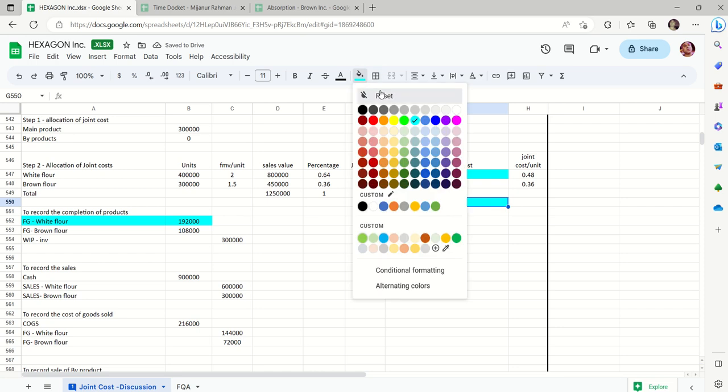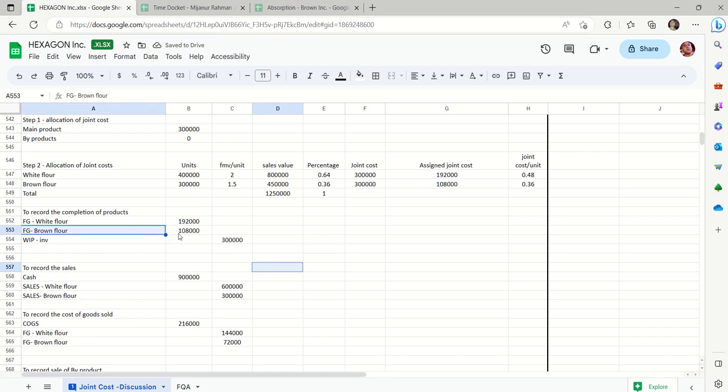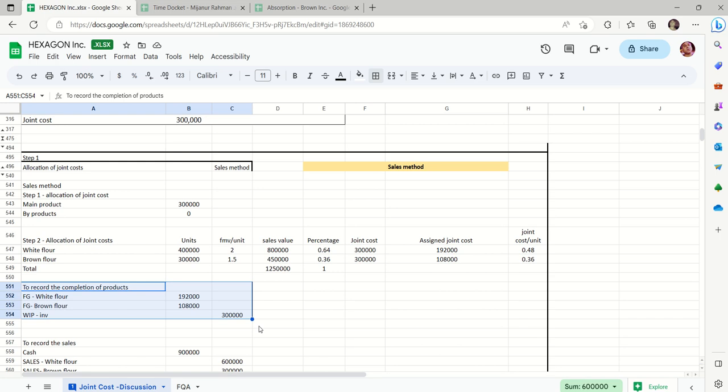This is where we get our 192,000. We also debit the brown flour for 108,000 right there. We simply sum this up. That would give us 300,000. The cost of goods sold is higher, okay? Because the joint cost is fully allocated to the main products.